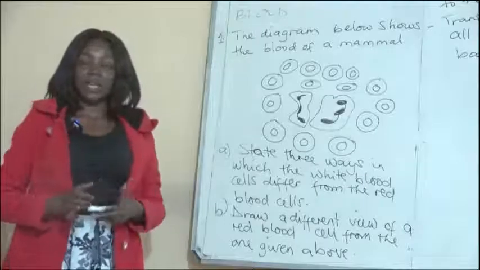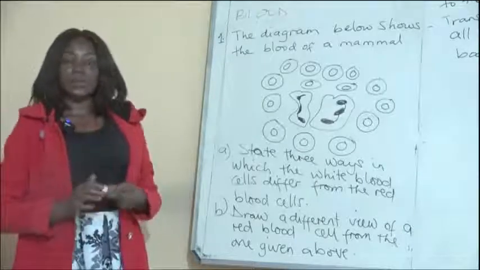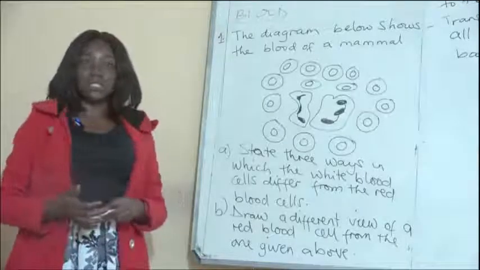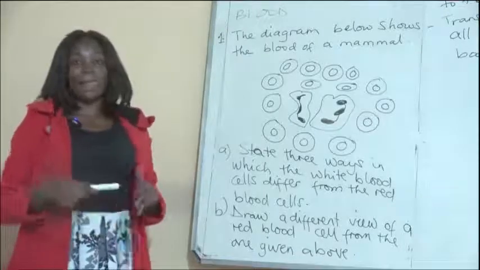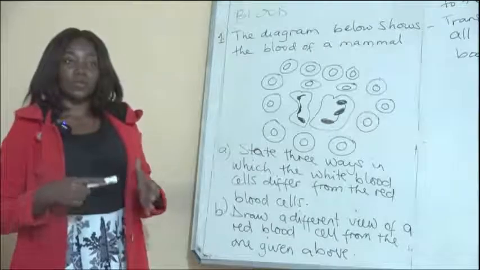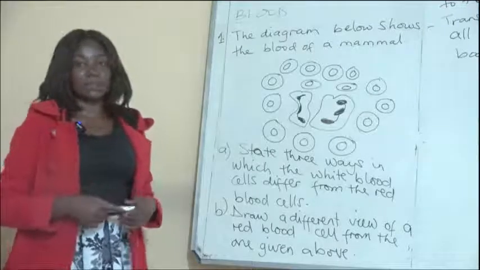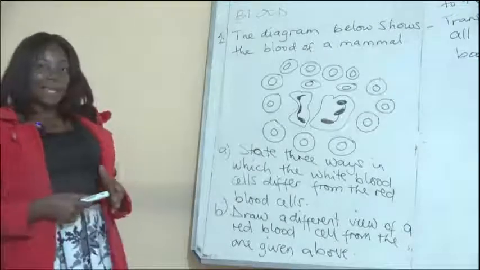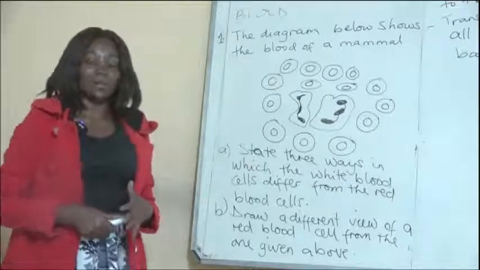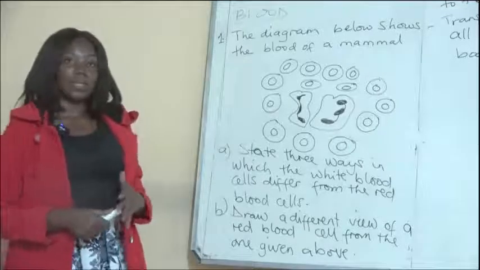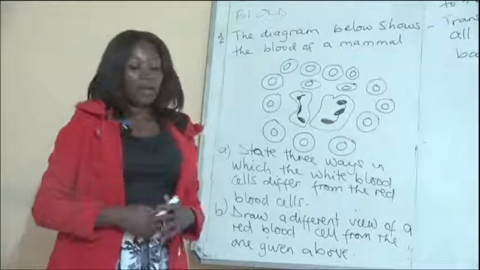Phagocytes engulf bacteria, whereas lymphocytes produce antibodies and antitoxins which destroy bacteria and neutralize poison from germs or bacteria respectively.